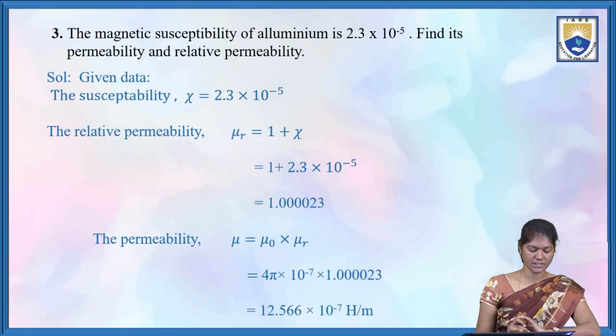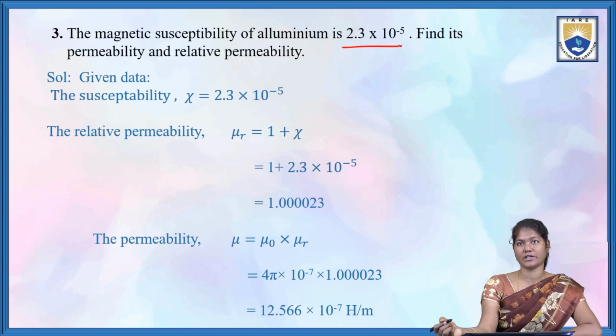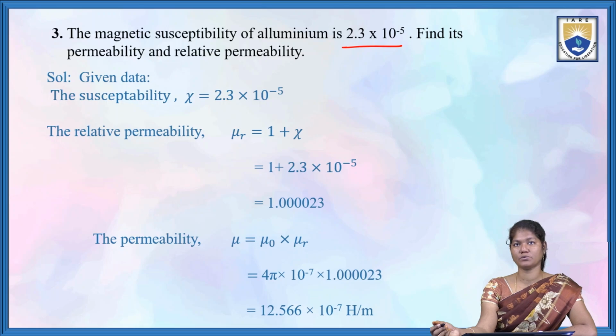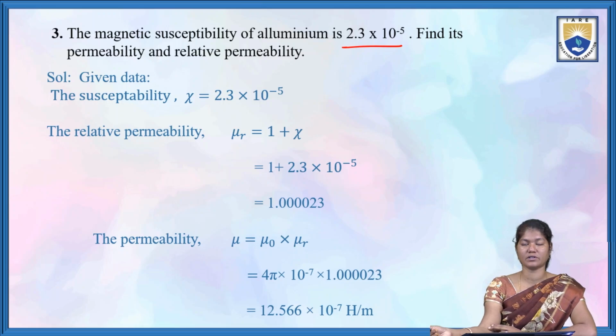The magnetic susceptibility of aluminium is 2.3 into 10 power minus 5. Find its permeability and relative permeability. This problem belongs to the apply level of Bloom's taxonomy and the course outcome is CO5.